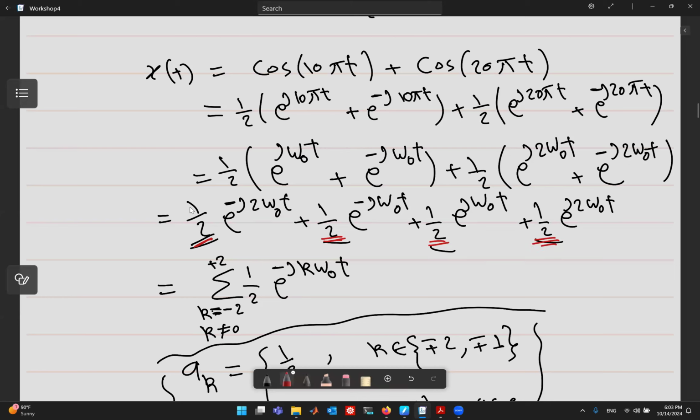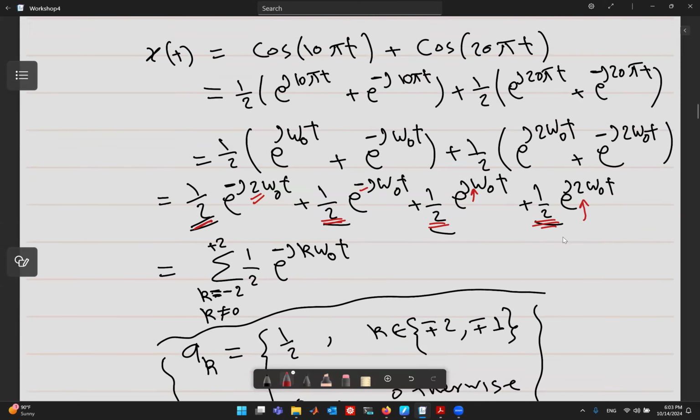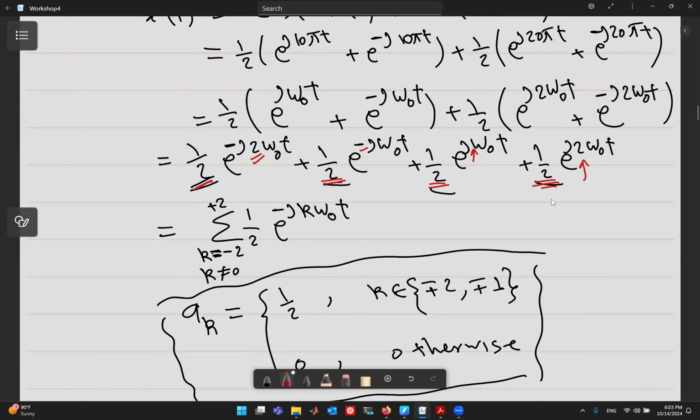And then this coefficient is at k equals 2, this coefficient at k equals -1, this coefficient at k equals +1, and this coefficient at k equals +2. This one is at -2, this one at +2. So this one I write here A2, and this one is A1.